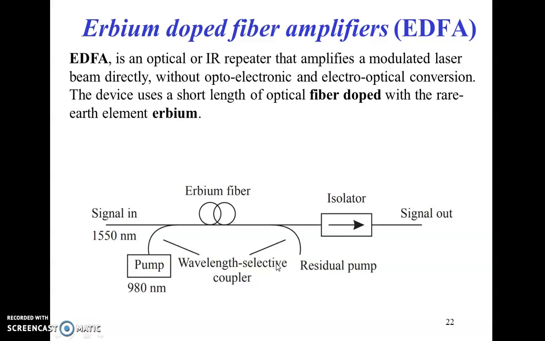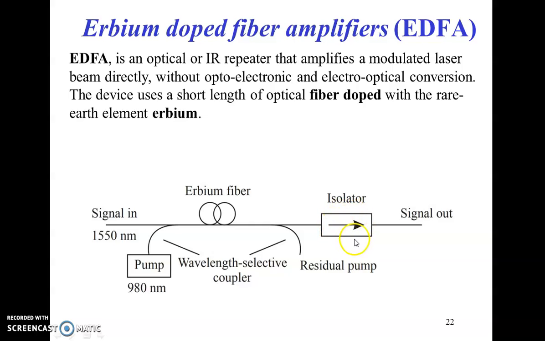At the output, another wavelength selective coupler, for the residual pump we can say, is needed to separate the amplified signal from any remaining pump signal. So this residual pump coupler is used to separate the amplified signal from the remaining pump signal.